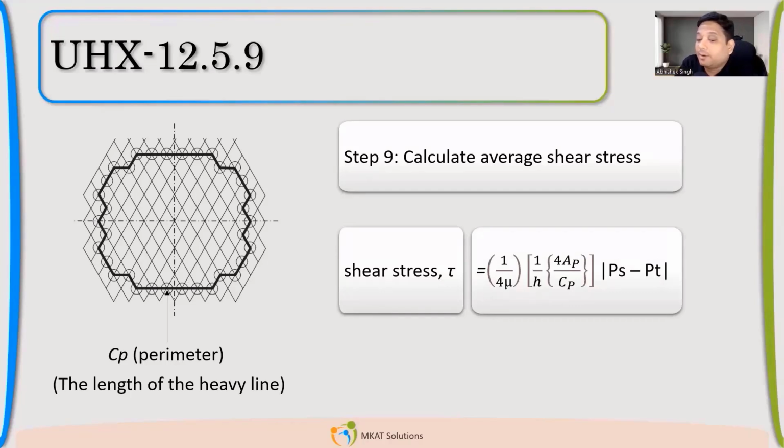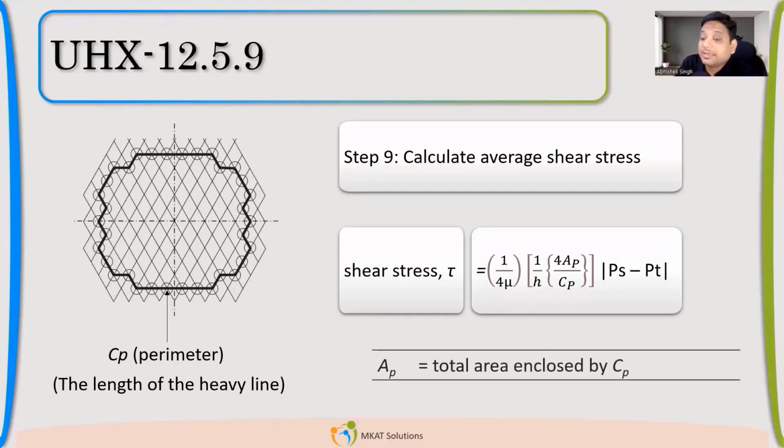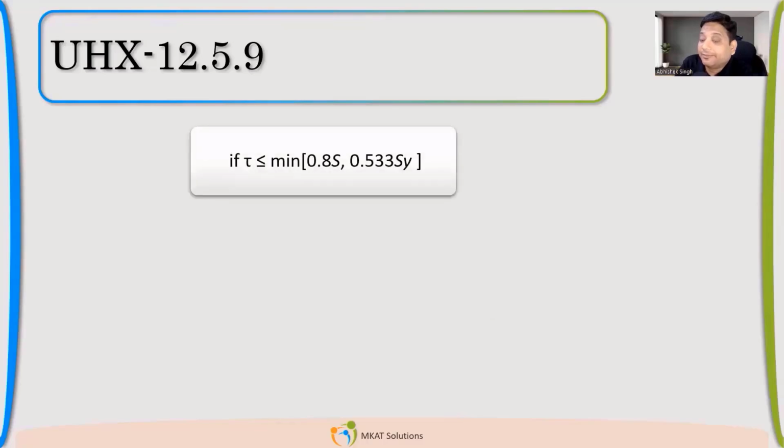So with tau, we'll be able to get the shear stress. Shear stress will be compared with 0.8S, not even S, only 80% of allowable, or 0.533 times the yield. Whatever is the minimum, that will be your comparison for tau shear stress.